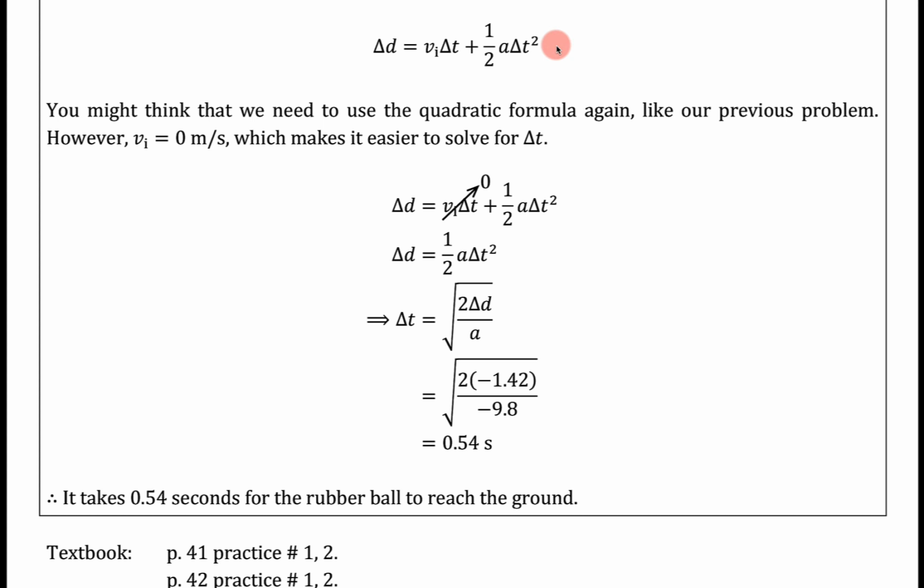And so you might think that we need to use the quadratic formula again, but we actually don't. The reason why we don't need to use the quadratic formula is because VI is 0. And so this entire term with VI just disappears. Right? This VI delta t term equals 0.